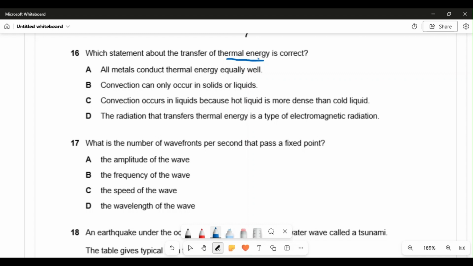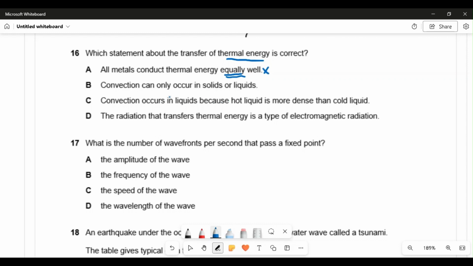In liquids, it is by convection, and through space, it is by radiation. But when it is traveled through the metals, it's a very good conductor. Metals are very good conductors of heat, but every metal has a different conductivity constant. So all metals conduct thermal energy equally? They conduct well, yes, but not equally well.